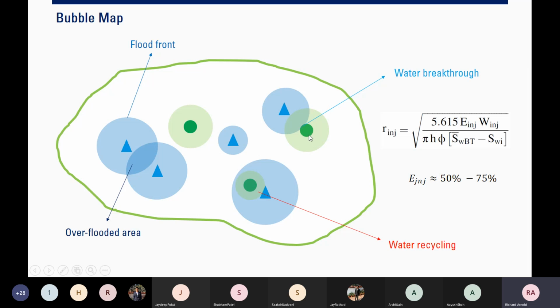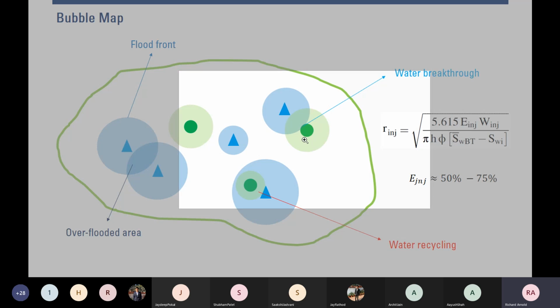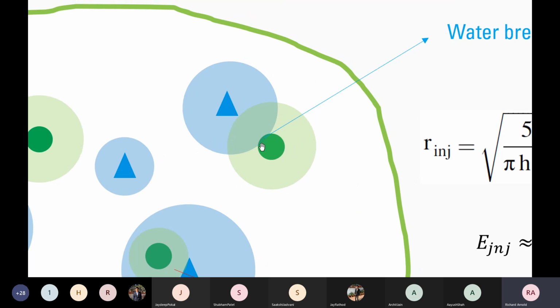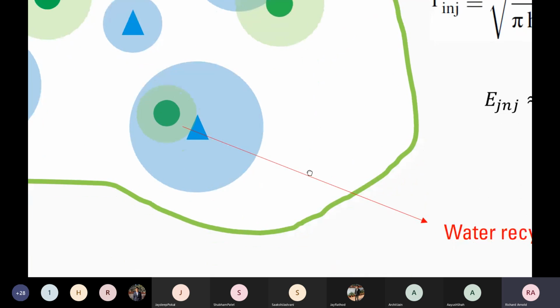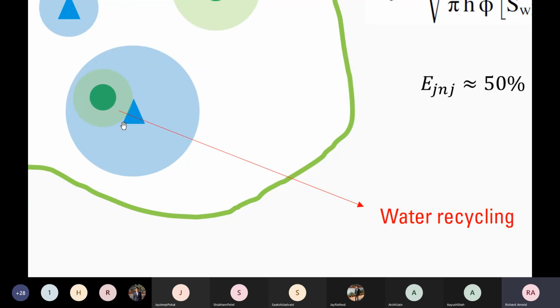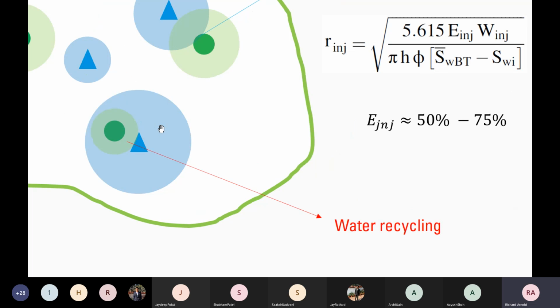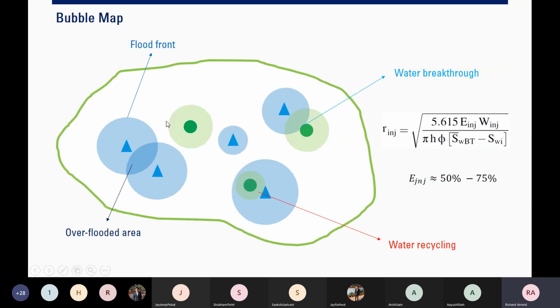The waterfront actually arrives at your producer. So in this spot, you suffer water breakthrough already. And in this spot, you suffer water recycling because your production area is within the injection area of this injector. All right. So this is one of the things that bubble map can tell us.